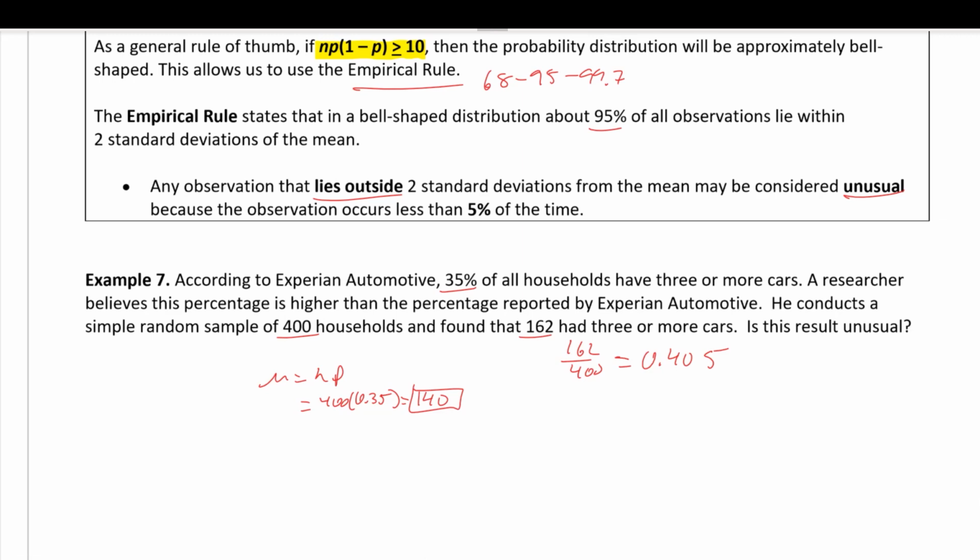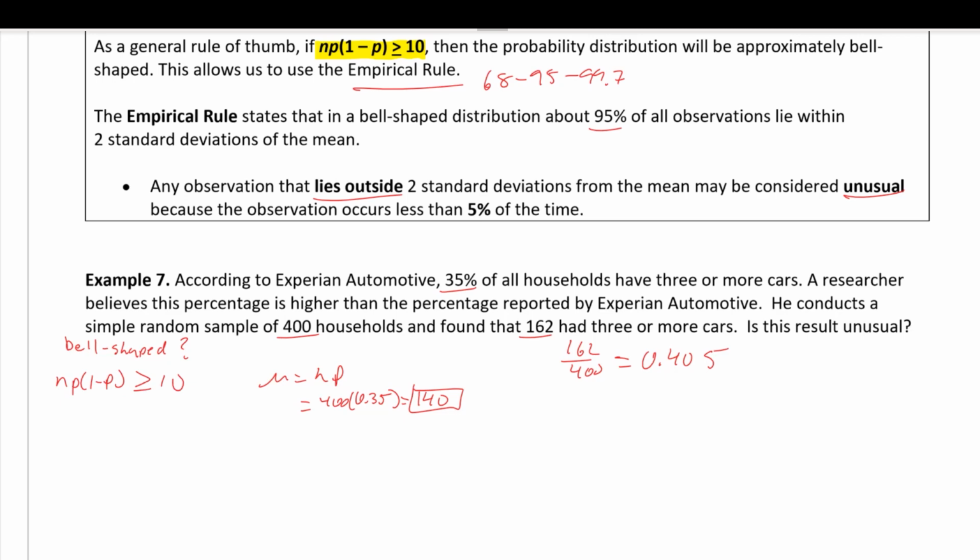Okay, but before we go on to that, let's see if we can actually use this normal approximation. Can we use the empirical rule? Bell shape? So we have to do np times 1 minus p. It has to meet this criteria to see if it's greater than 10.